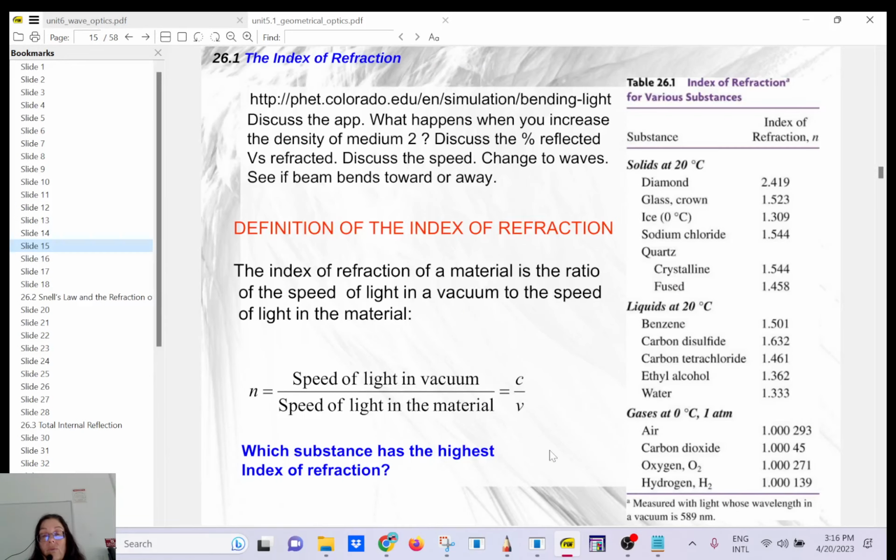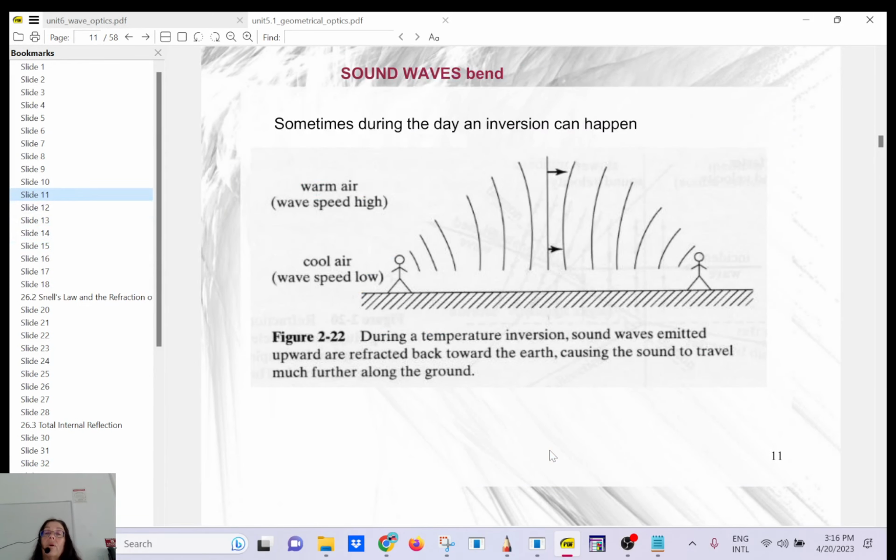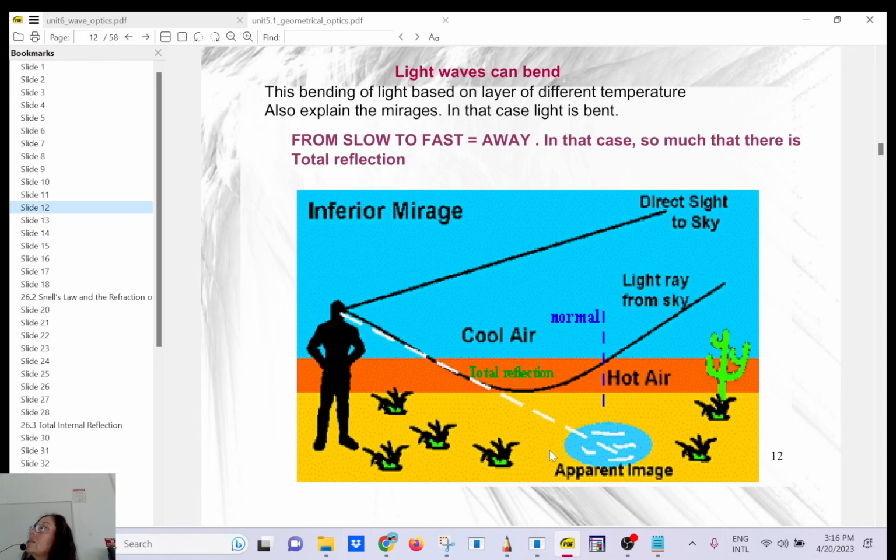Now, by the way, for example, a mirage. How does a mirage work? So it's very hot. You are in the desert, and this is the sand, right? You can think of air as made of layers, right? So here it's going to be very warm, and here it's going to be cooler.